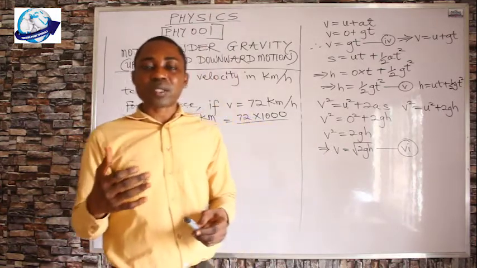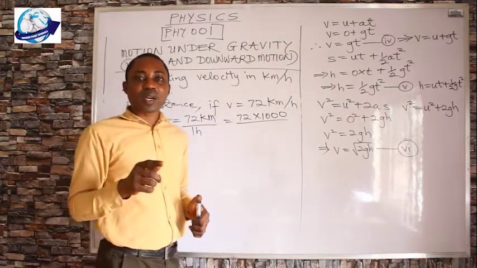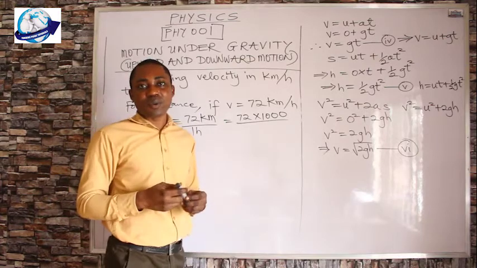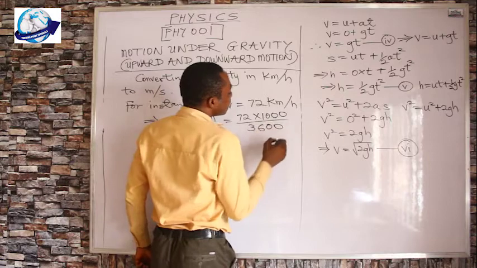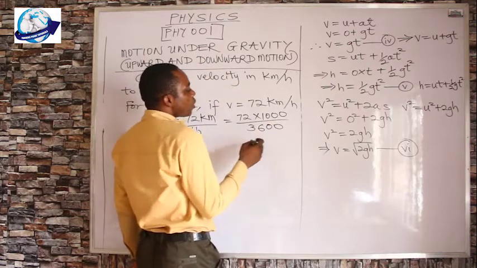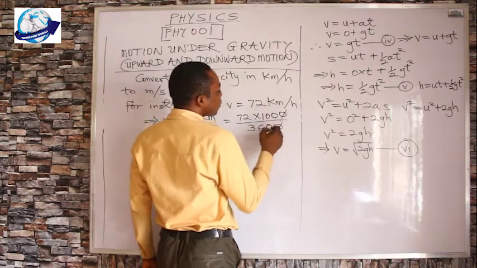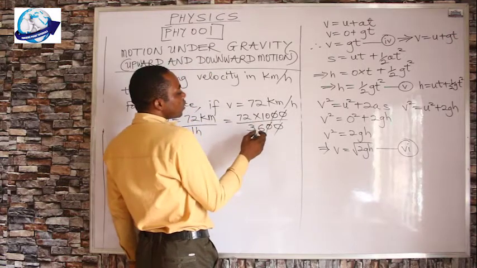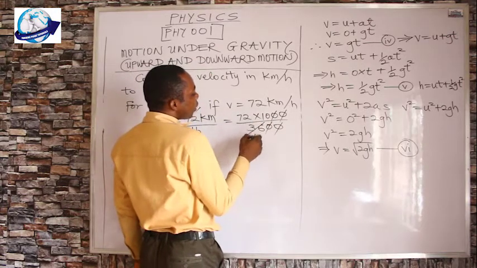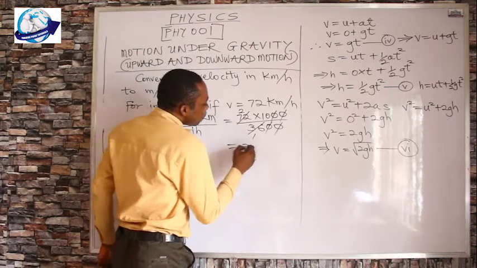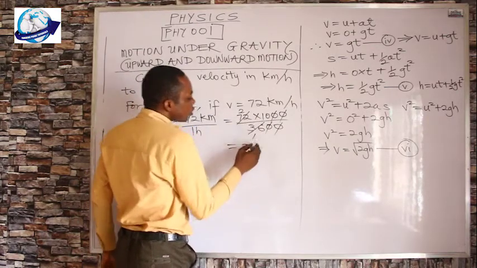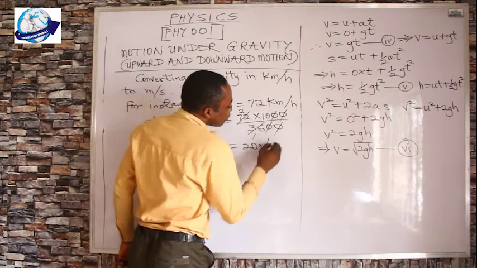How many seconds are there in 1 hour? 3,600 seconds are there in 1 hour. So you write 3,600 seconds. Then 0 cancels 0, 0 cancels 0, and you have 36 going into 72 two times. So that's 2 times 10, that's 20 meters per second.